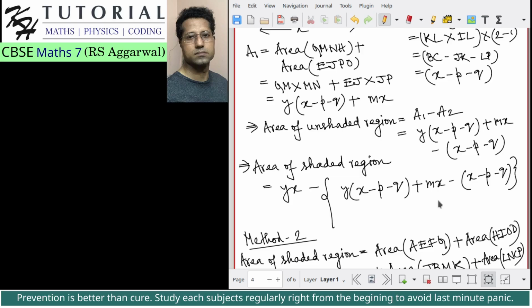But remember that in most cases you will be able to enclose the entire shaded region in some rectangle, and then you have to decide whether it will be easy to find the area of the shaded region directly, or you find the area of the unshaded region and then subtract that from the area of the enclosing rectangle.